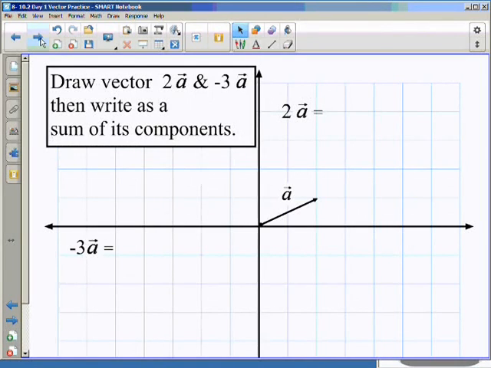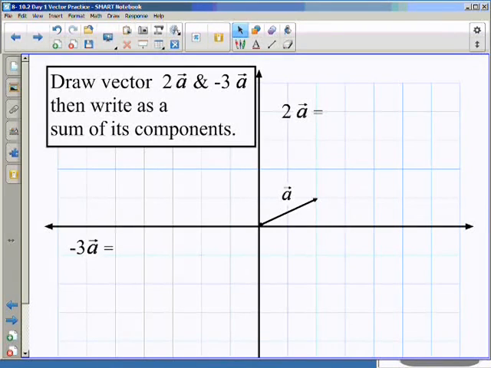So if we want to make a drawing of vectors that are different in length than an original vector, we can look at something called a scalar, which is to multiply by a magnitude, and change a vector's length.